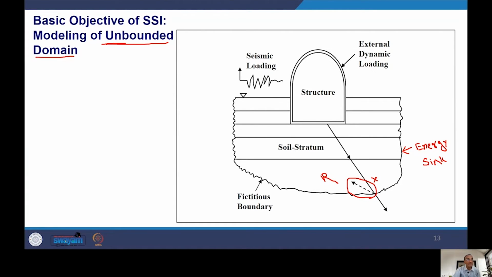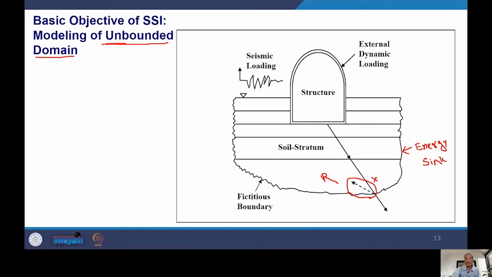That means the radiation condition needs to be satisfied in any case, and this is the basic objective of any SSI analysis. So again, I summarize it here. For soil-structure interaction, it is important to model the unbounded soil domain, and it should be modeled in such a way that if you apply a fixed boundary, then this boundary acts like an energy sink where all incoming waves get trapped inside this boundary and nothing is reflected back.